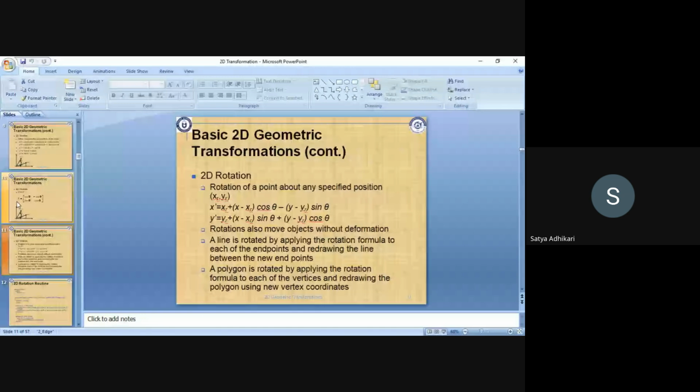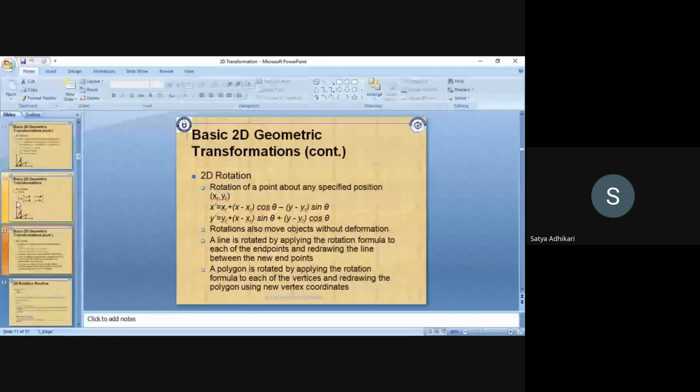Exactly the same as translation, a line is also rotated by applying the rotation formula to each of the endpoints and joining these endpoints. You will get a new line after rotation. So not only a point can be rotated, you can also rotate a line. How? You know that a line has two endpoints, and you know how to rotate a point.